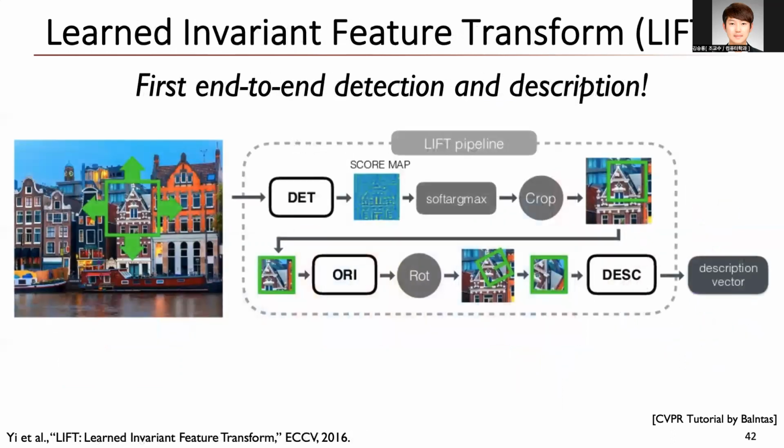After that, there was another paper, LIFT, Learned Invariant Feature Transform. From the title, we can easily imagine that this paper tried to resemble SIFT as much as they can.